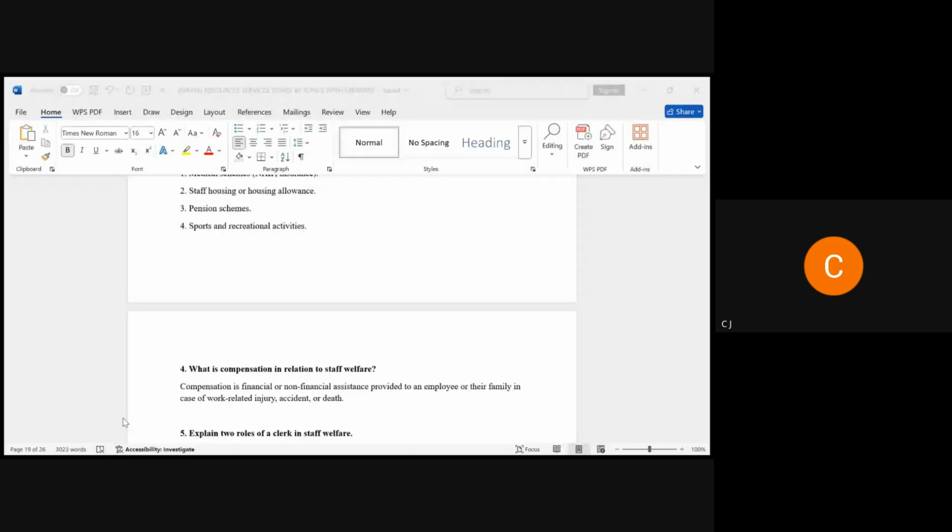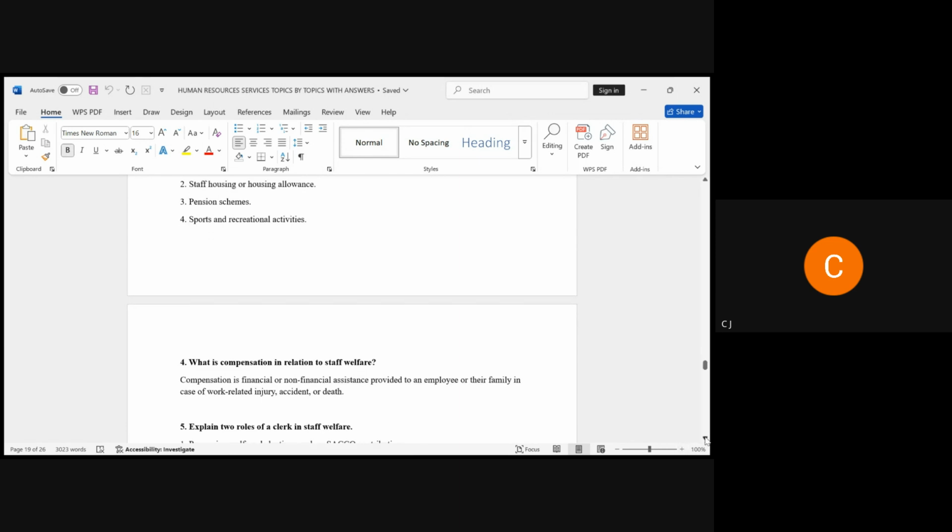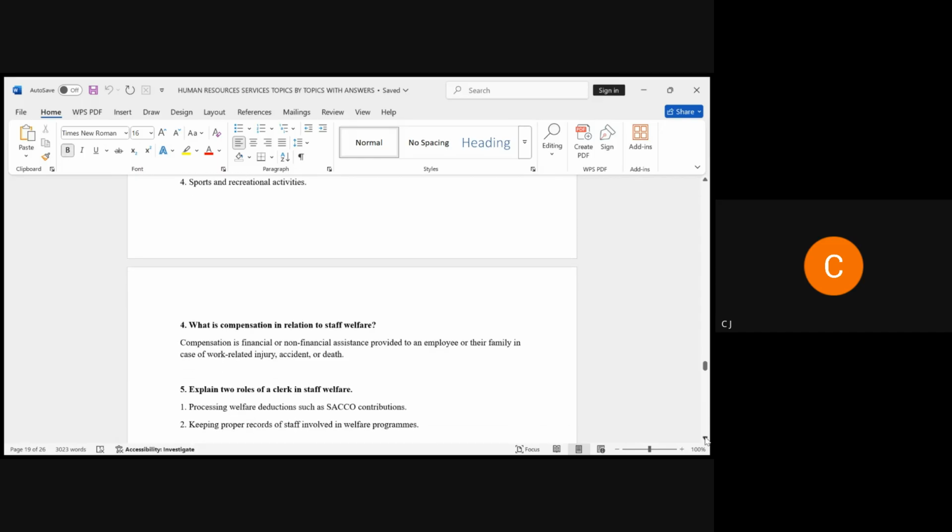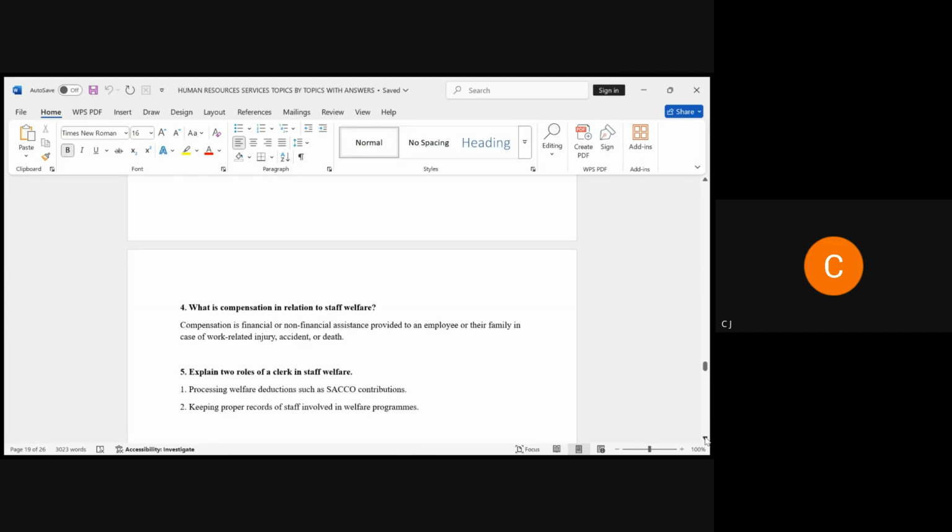Keeping and maintaining welfare records, filing welfare records, data entry of welfare records, processing welfare deductions such as SACCO contributions, and keeping proper records of staff involved in welfare programs.